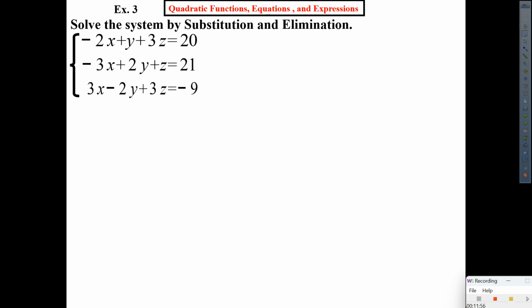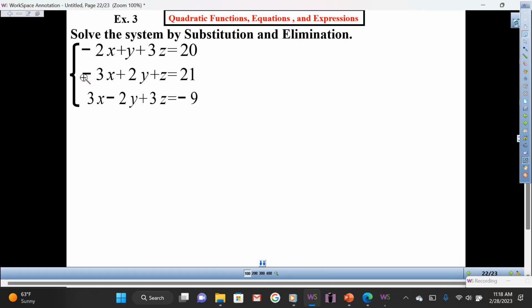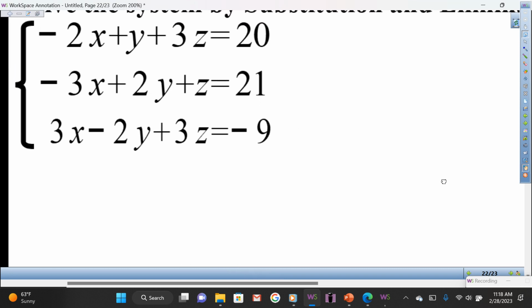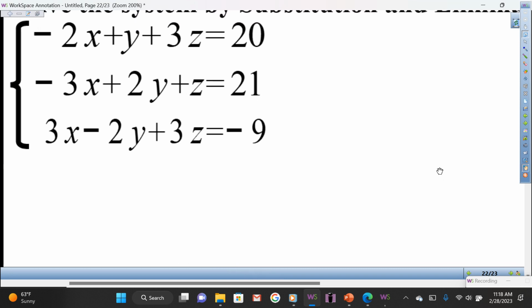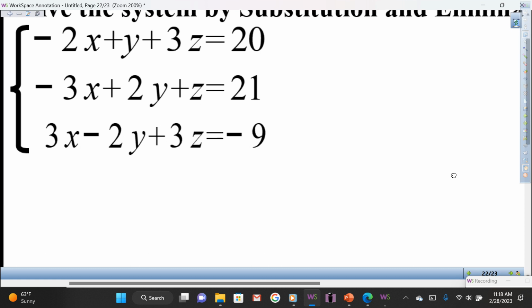I told you guys to hold on to your horses. All right, here we go. Let me zoom in. Nice. So now we have 3 equations, and they're asking us to solve by substitution and elimination.